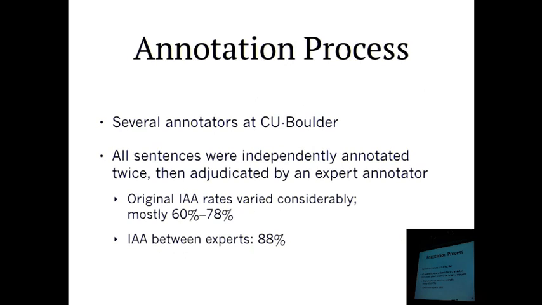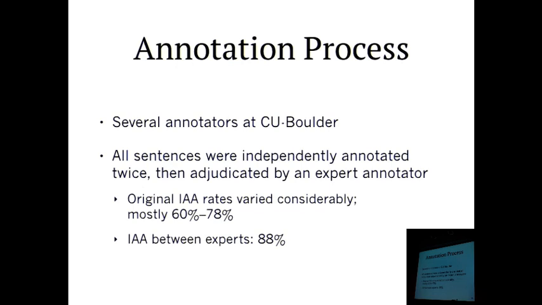Our annotators were students at CU Boulder. They had, I think in all cases, done some sort of semantic annotation before, but they were not PhDs in linguistics. They were trained for this task by people at Boulder mostly, and we measured inter-annotator agreement.